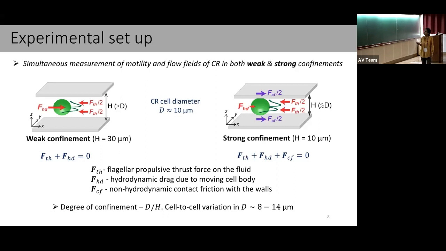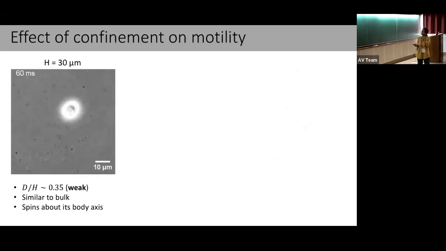There is some variation in the average cell size, so one has to think about the degree of confinement, which is the ratio of the cell diameter to the height of the chamber. I'm going to plot the data as a function of this ratio. So here is a movie of the cell in a 30 micron chamber.